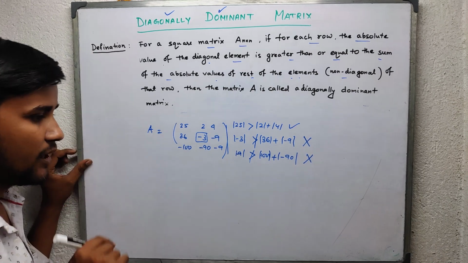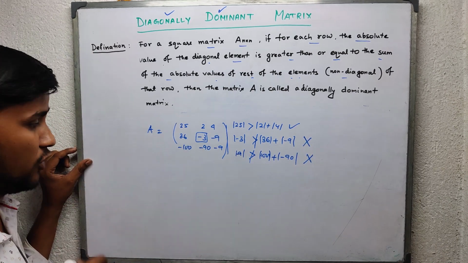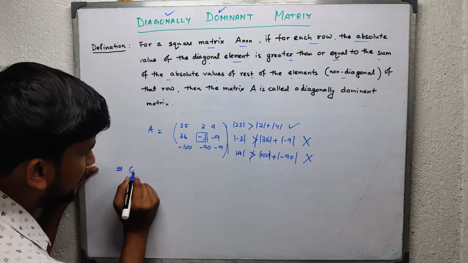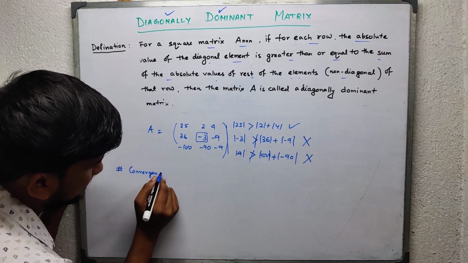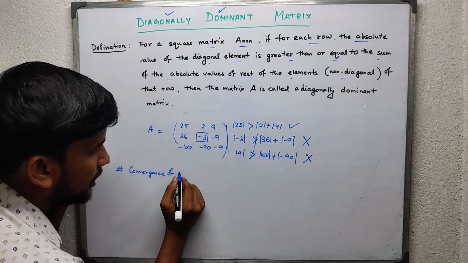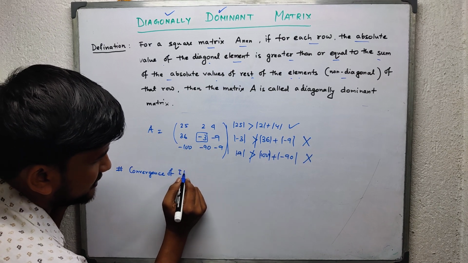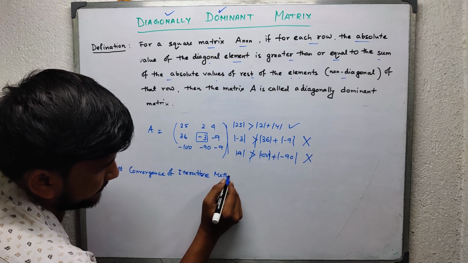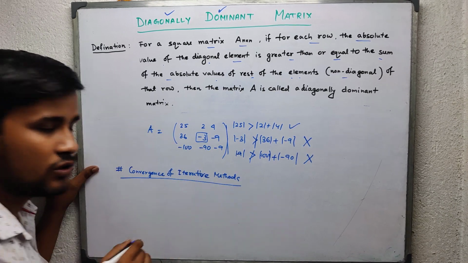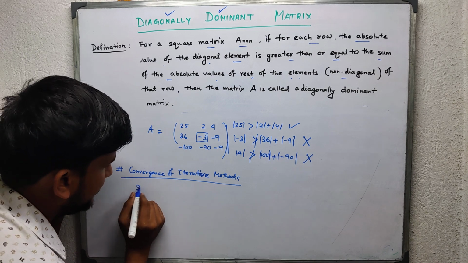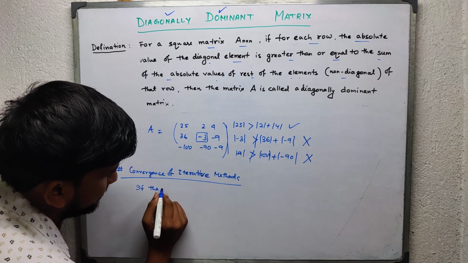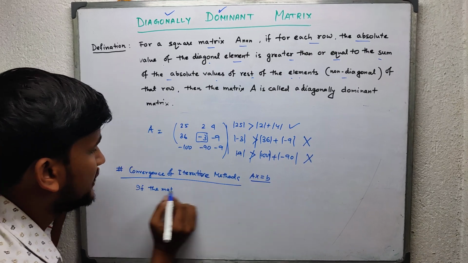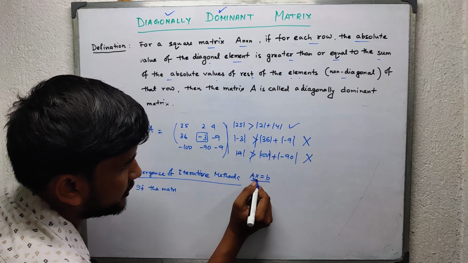Now, the importance of this diagonally dominant matrix. When you have questions regarding the convergence of iterative methods, this is a sufficient condition: suppose Ax equal to B is a system, and A is obviously a square matrix.